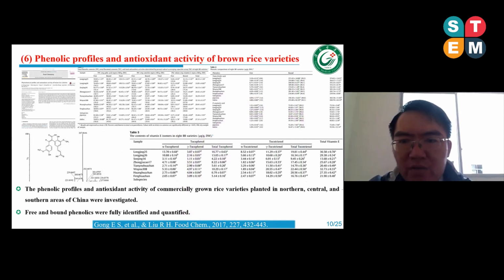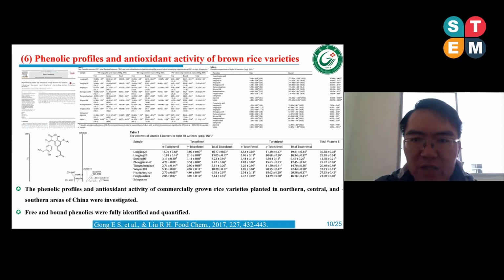The phenolic profile and antioxidant activity of commercially grown rice varieties planted in northern, central, and southern areas of China were investigated in our previous study. Free and bound phenolics of rice varieties were fully identified and quantified in this study.